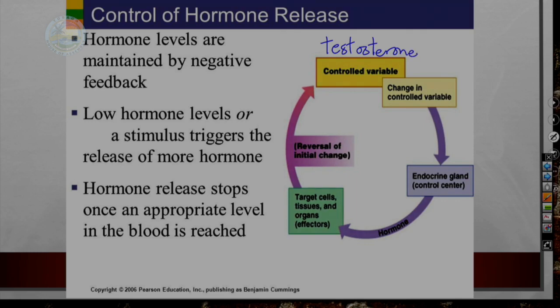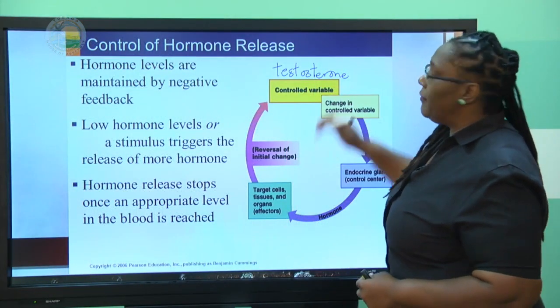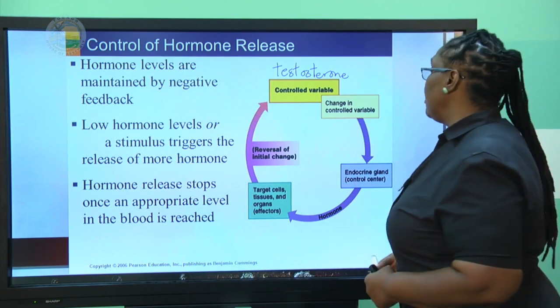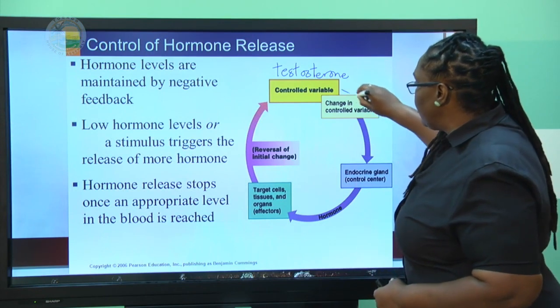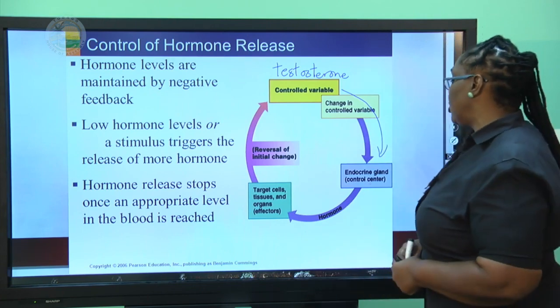It's a male hormone that triggers and would increase the rate of spermatogenesis, the formation of sperms. So when you have the level of testosterone going very high, increasing greatly, this will represent a change in the control variable, the change in the testosterone.